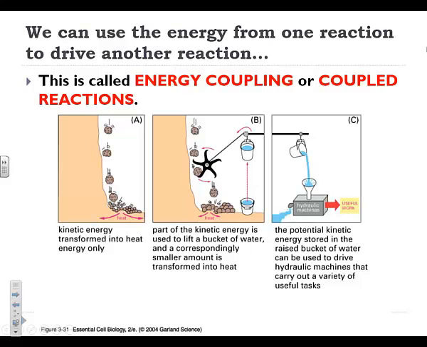So we don't want to just release heat from the cell. We want to do useful work in the cell, and that's really what coupling these favorable and unfavorable reactions together does.